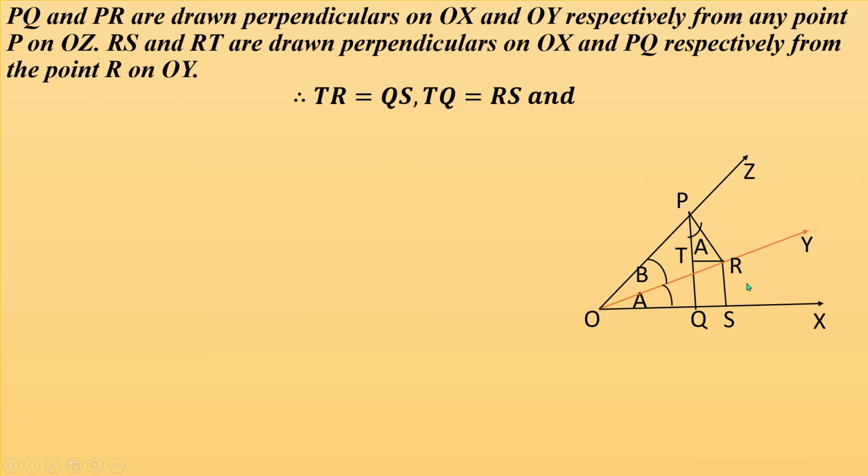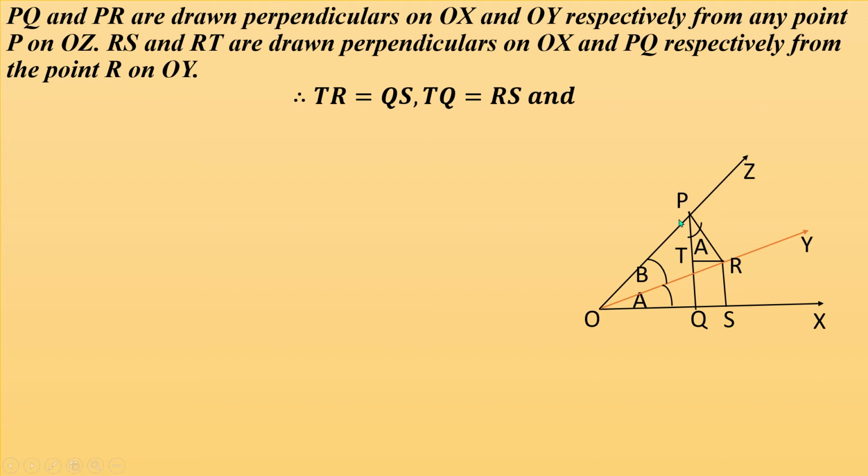As a result, TR is equal to QS, because TR is perpendicular to PQ and PQ is perpendicular to OX. So these are parallel and also equal, and TQ is equal to RS. Here there are a huge number of right angles at present.